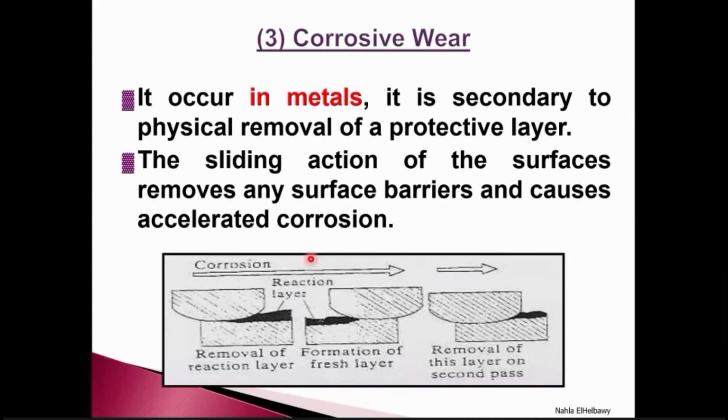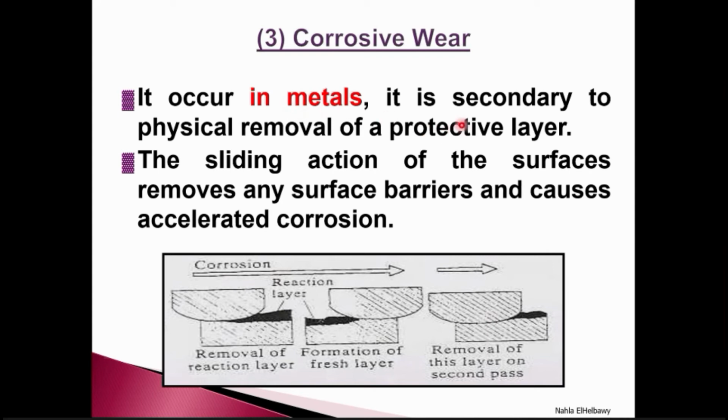Corrosive wear, we discussed that in detail. The corrosive material does not have good mechanical properties, so wear results in removal of the corrosive layer, or even the anti-corrosive or corrosion-resistant layer, and results in wear of the material. As I explained earlier, corrosion only happens in metals and alloys.